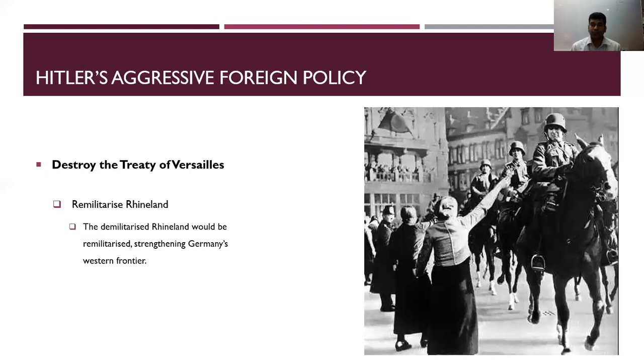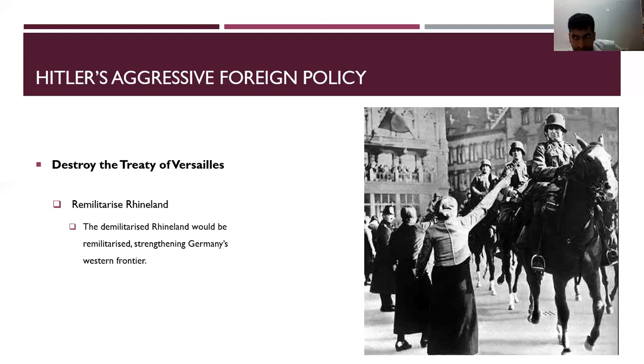So instead of making Rhineland an independent nation like what Transvaal wanted, the peacemakers at Versailles decided eventually to make Rhineland a DMZ, a demilitarized zone.